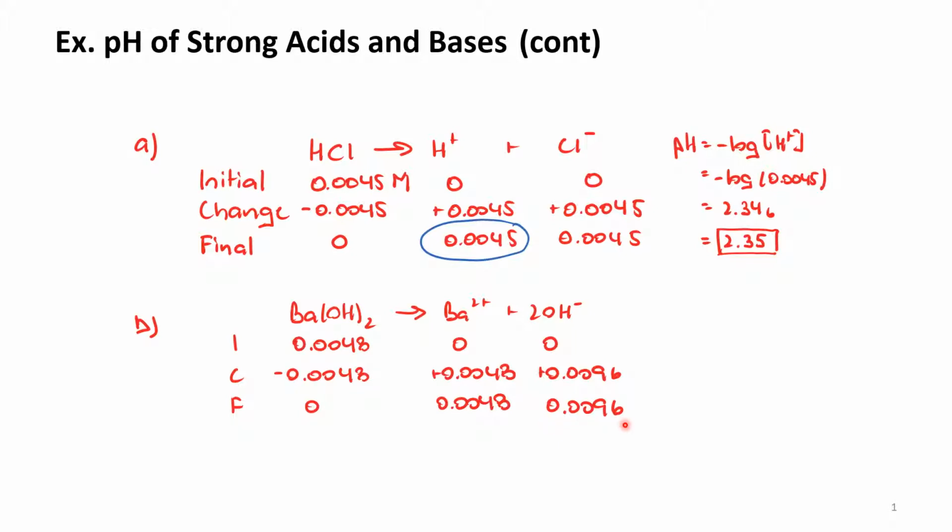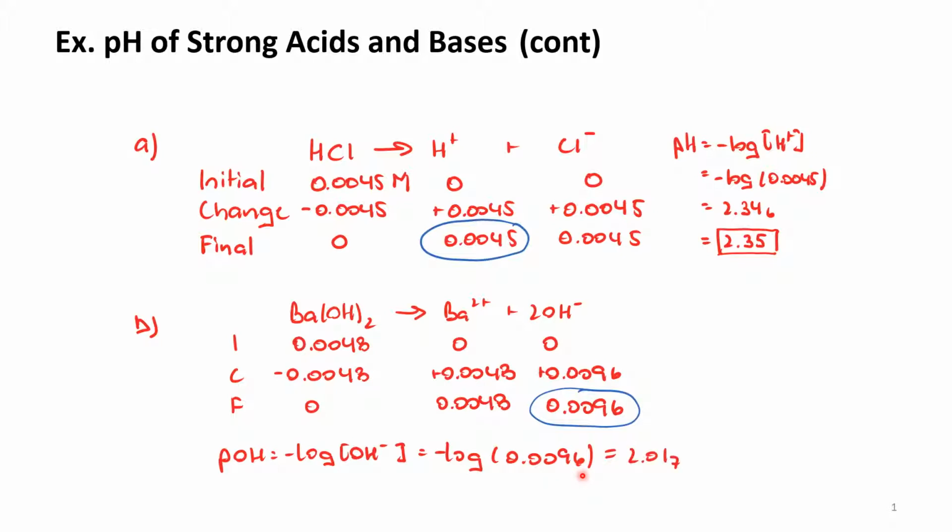Now, in order to calculate the pH, we can do this a couple different ways, but the easiest is probably to calculate the pOH first, and we calculate the pOH from the final concentration of hydroxide. So the equation for pOH is pOH equals negative log of the hydroxide concentration. And we have that, so we'll just substitute that into the equation, giving us negative log of 0.0096 molar.